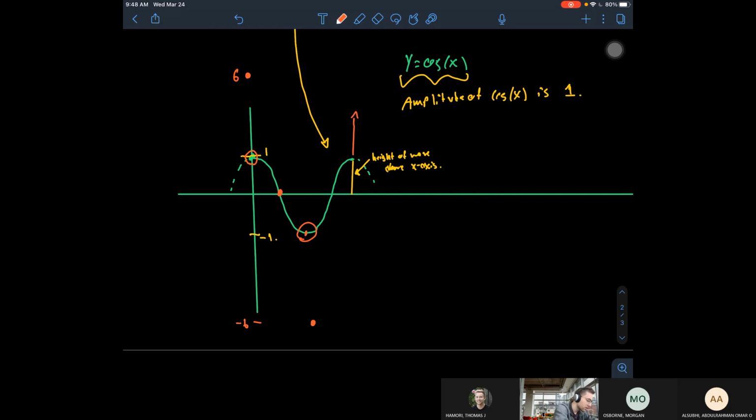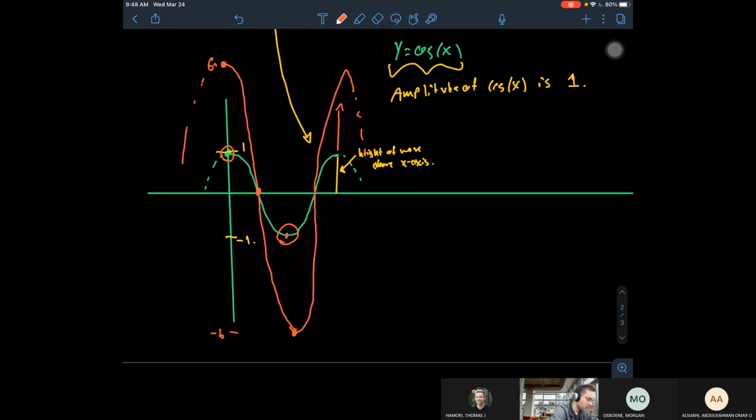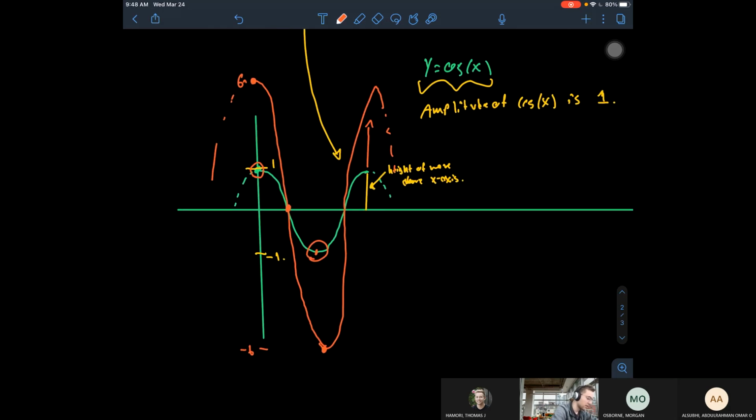So our new function looks something like this, and so on and so forth. So, based on this, what do we think the new height is of a wave above the x-axis? 6.